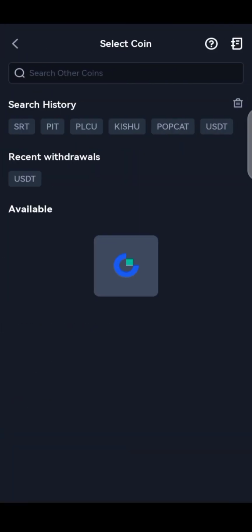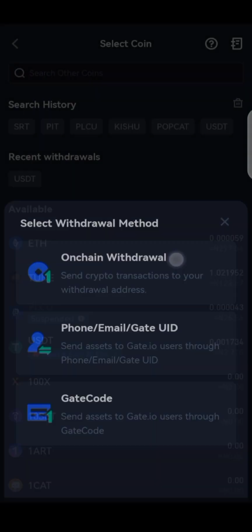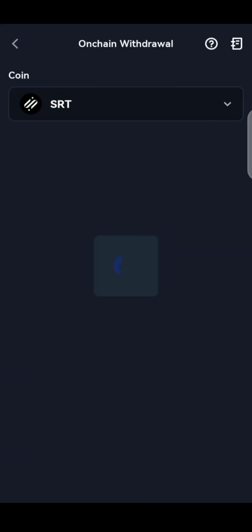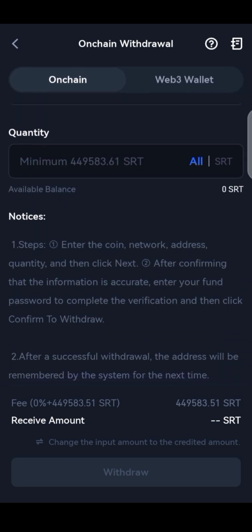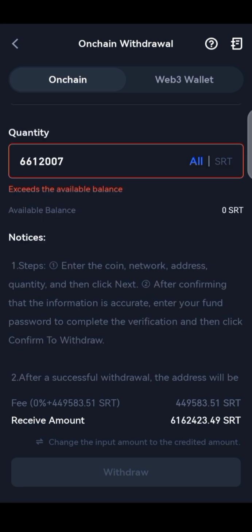So what we are going to do is to click on RST here. Once you click on RST here, this will pop up. You can see the network address is Ethereum, that is ERC20. So you now paste in the amount of coin you have bought. Once you paste in here, look down here, you will see the fee they charge.